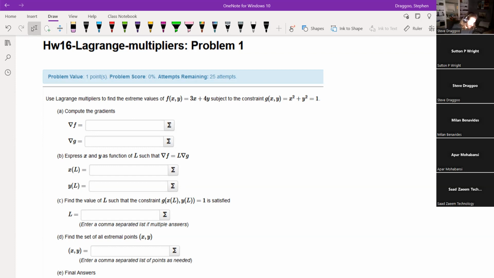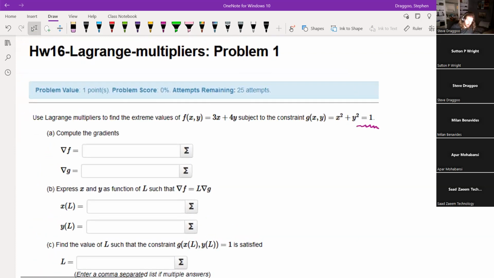And it's also important that our constraint equation just be equal to some constant number. That's an important element of the Lagrange multiplier constraint. It must be simply equal to a constant rather than an inequality like less than or equal to a constant, like we had in the previous problem.